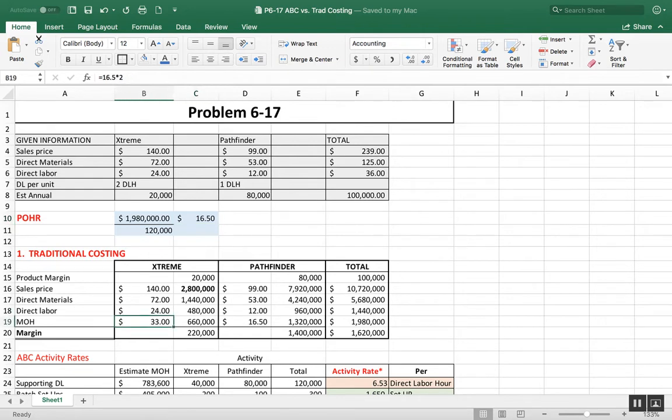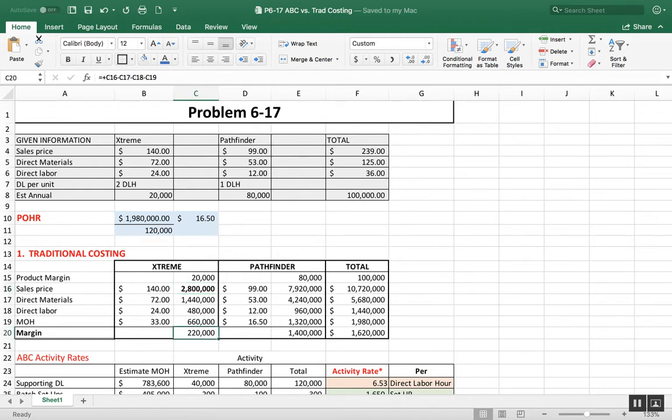So you can see in my formula here that it's actually $16.50, which is this number I grabbed here, times 2, which represents the 2 direct labor hours that are required for each Extreme boot manufactured. You take that 33 times the 20,000 to get here. And then you just simply take the sales less all of these costs to come up with your margin.